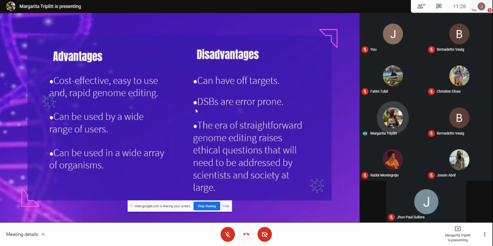And double-stranded breaks are also error prone. And also, in today's age, the era of genome editing raises a lot of ethical questions that would need to be addressed by scientists and the society.